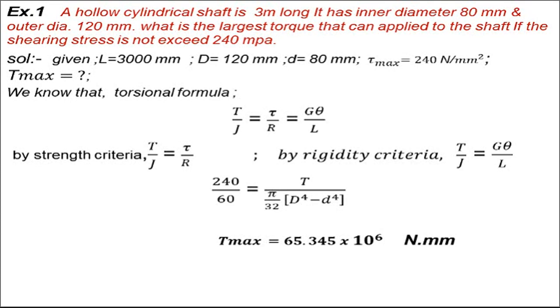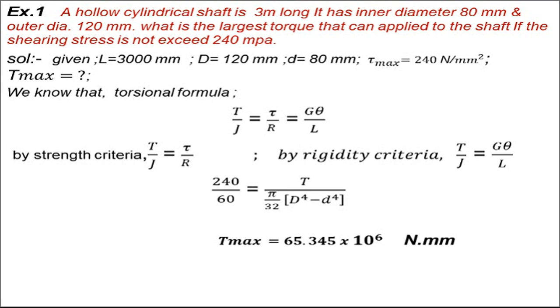Since the word hollow cylindrical is used, there are two diameters, one is the external diameter, another is the internal diameter. The external diameter is given as 120 mm, let us say capital D. Internal diameter of the shaft is 80 mm, let us say small d.